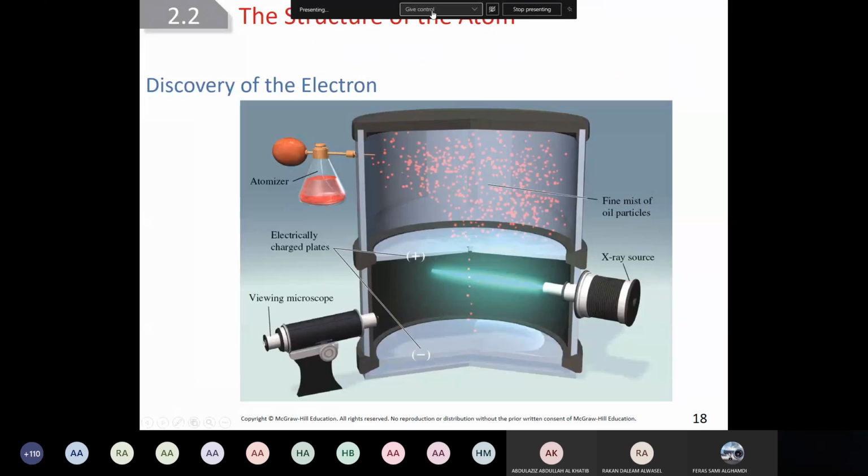And another person, I want you also to know the name. This is called Millikan. And he did another experiment. I want you to memorize the name. Don't forget to memorize the name. Millikan. This is the name of the scientist. The name of the experiment is called the oil drop experiment.